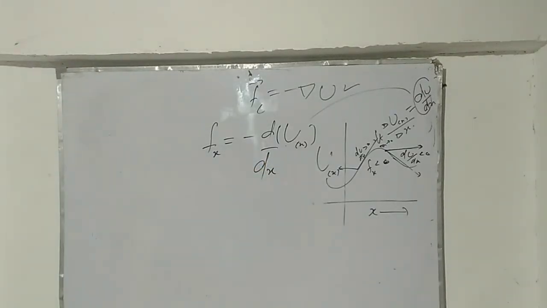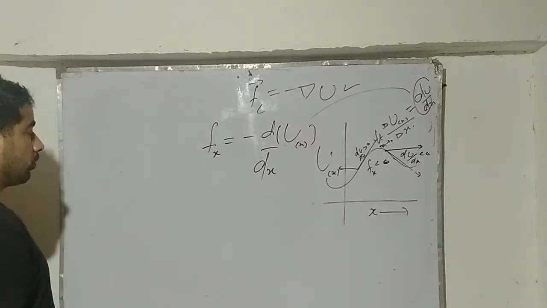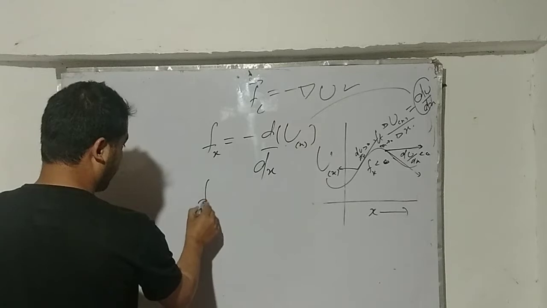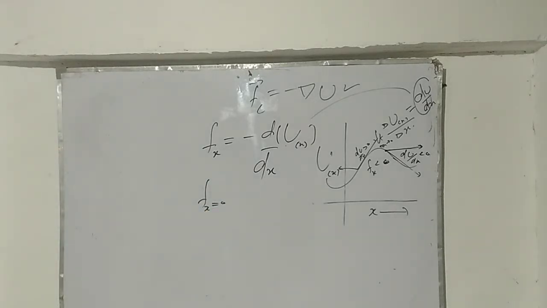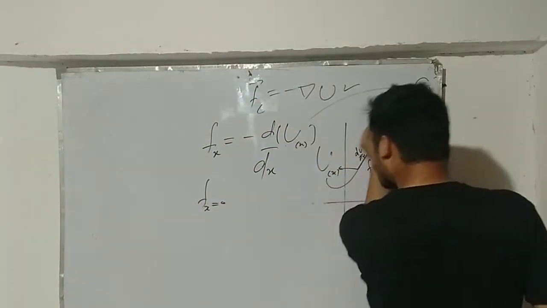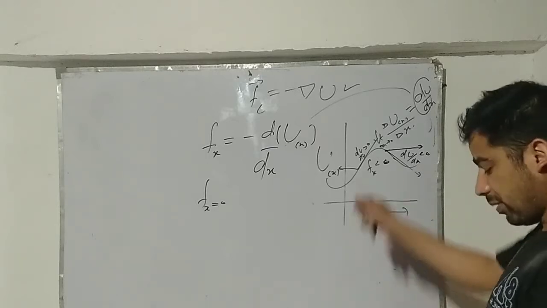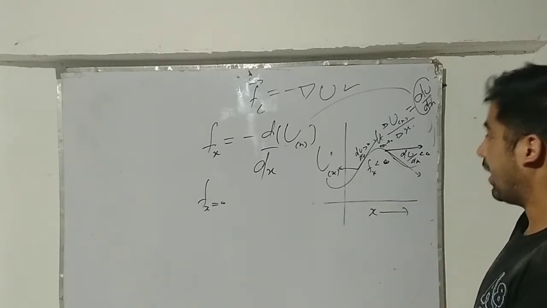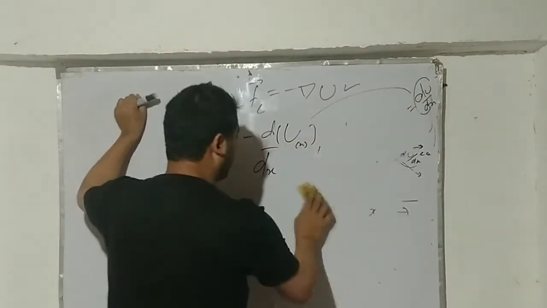So here, if I assume that the force is 0, if f of x is 0, what does it mean? Force will be 0 only when the slope of the potential energy curve with respect to the position will be 0. So if I consider the same analysis once more, I will get something more here.